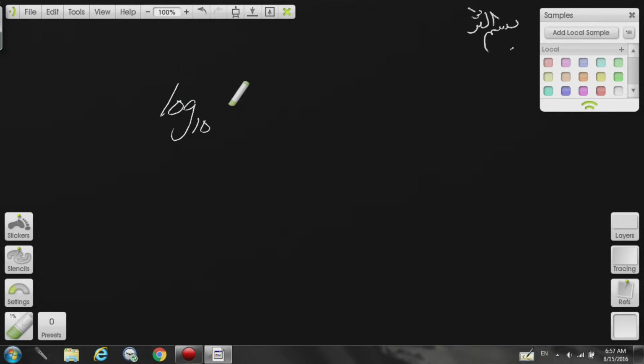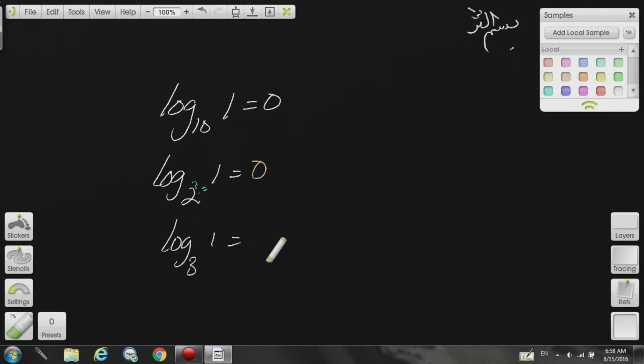Now let's do some more of this. Again, what's log base 10 of 1? 10 to what power is 1? 0. How about log base 2 of 1? 2 to what power will give you 1? 0. How about log base 3 of 1? 0. Log base, I don't know, 2000 of 1? 0.